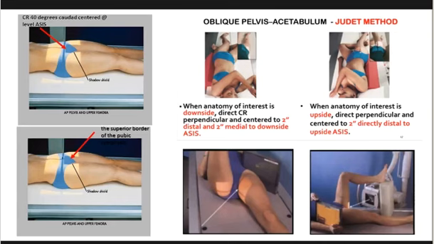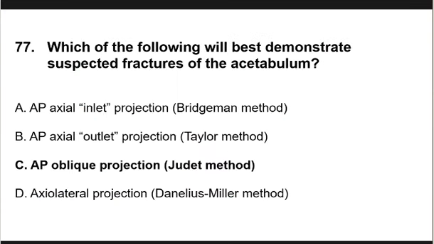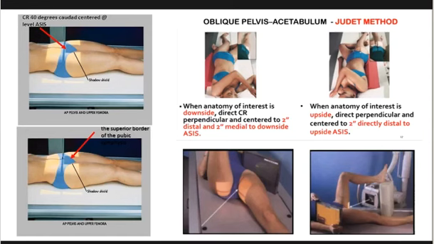Kung projection ang tanong, to demonstrate fracture of the acetabulum, ang sagot natin ay AP oblique projection. Tandaan ha, dahil bago ang examiner dito sa radiographic procedures and techniques. Kung ang tanong ay method, ang sagot method. Kung ang tanong ay projection, ang sagot projection.